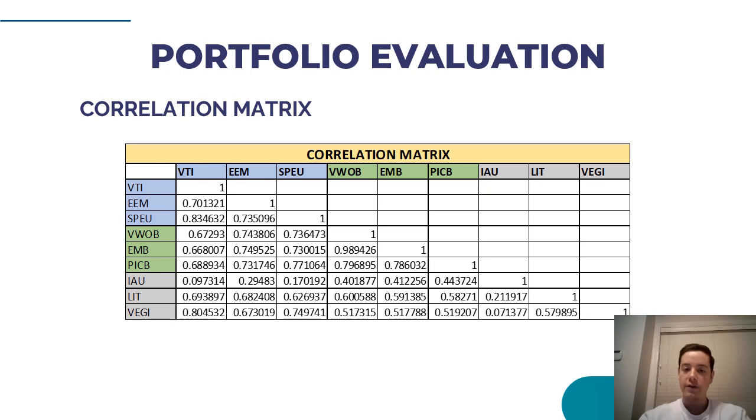Gold has relatively low correlations with other assets, which is common, as gold is often considered a safe haven asset that may behave differently than more traditional assets. The most negative correlation in this matrix is between IAU Gold and VEGI Agriculture with a value of 0.071. It indicates a relatively weak and negative relationship between these two assets.